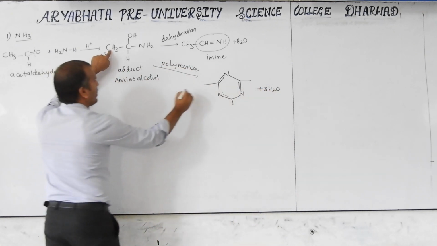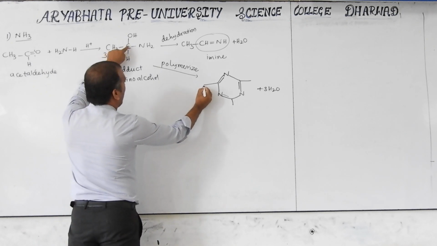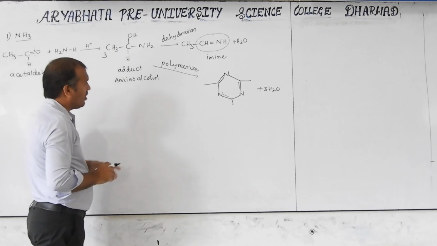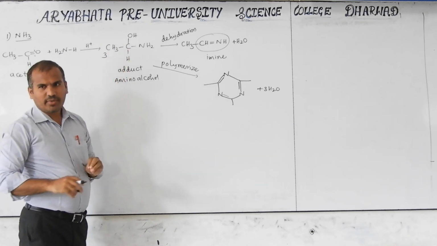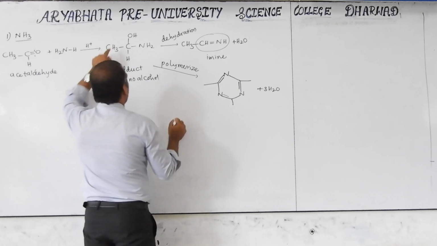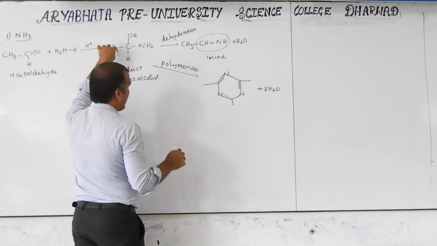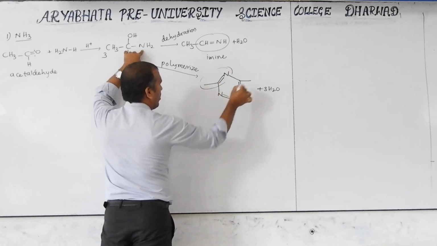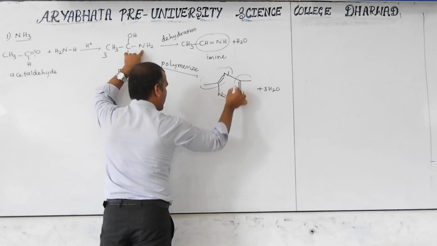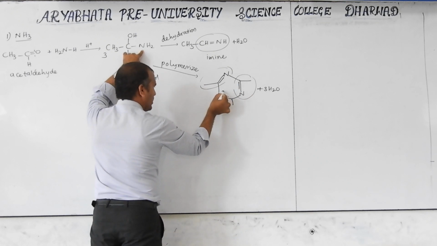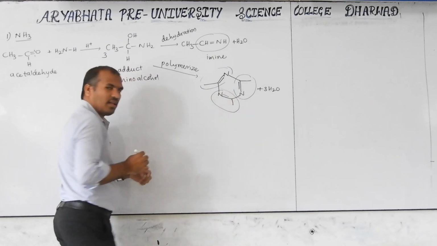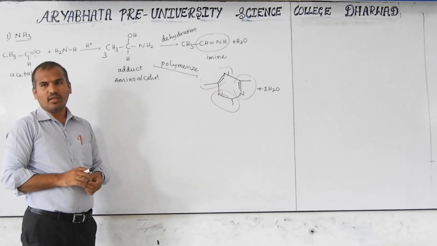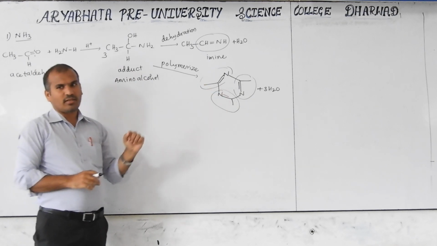This is CH3. Next, here a water molecule and another one. Same like this, how many molecules are participating? 3 molecules. See, 1, 2 carbon, next amine. Like this 1, 2 carbon, amine. 3 molecules participating, lost 3 moles of water molecules. This is a polymerized product.